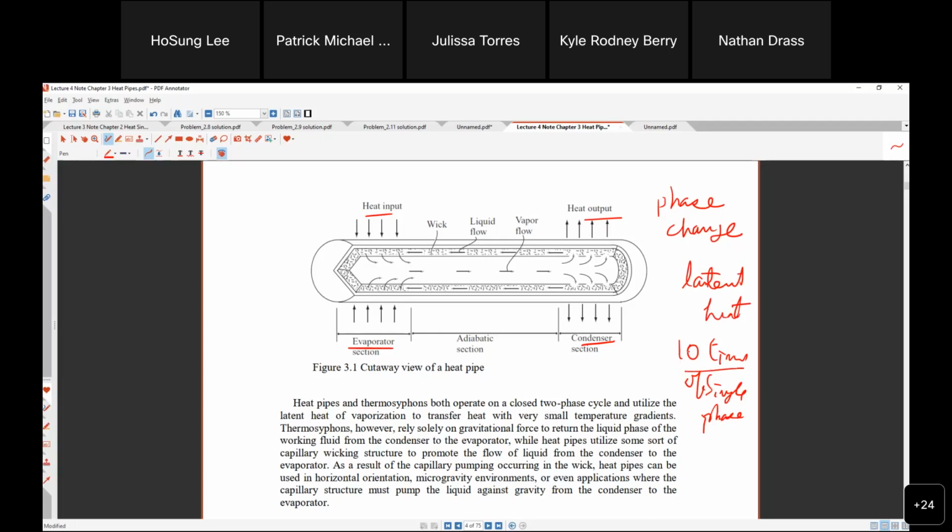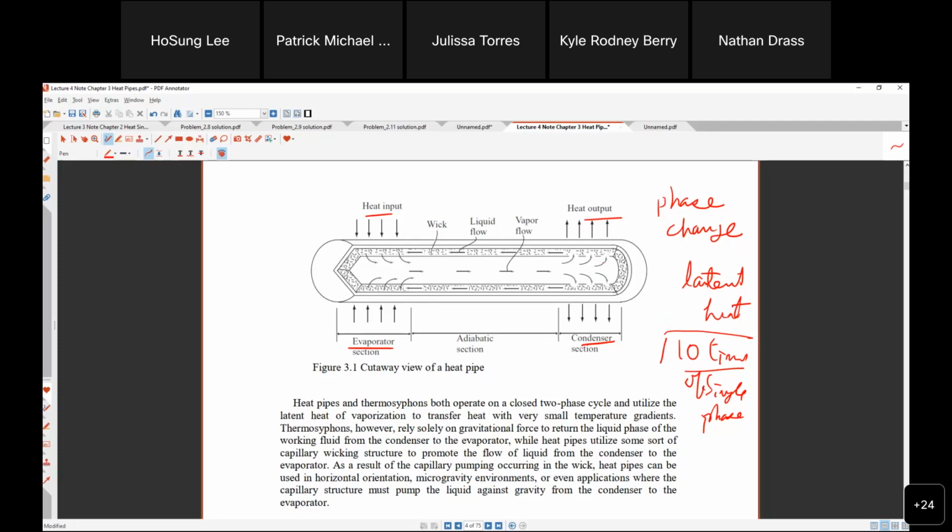Okay, so since there is a phase change taking place, a huge amount of heat is flowing here and here because of the nature of enthalpy, from liquid to vapor, vapor to liquid. That causes unbelievably high heat flow.